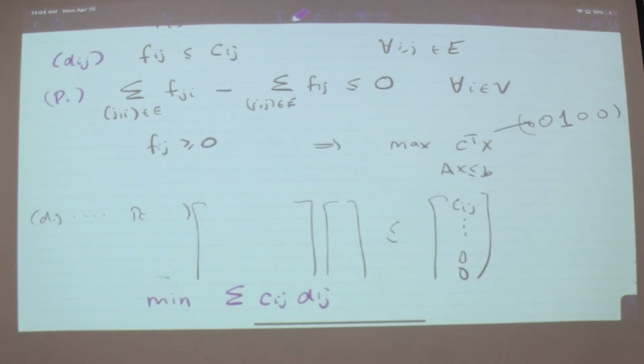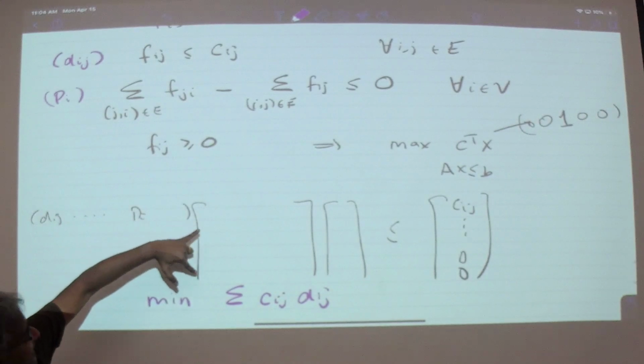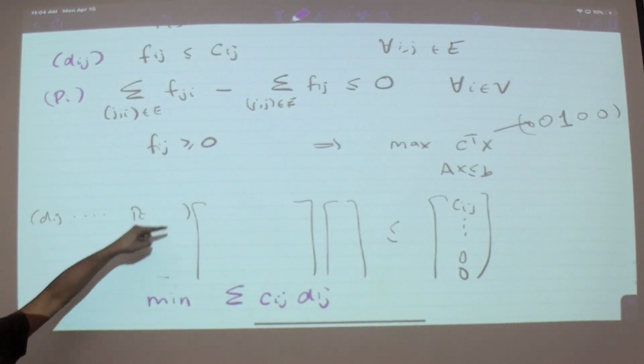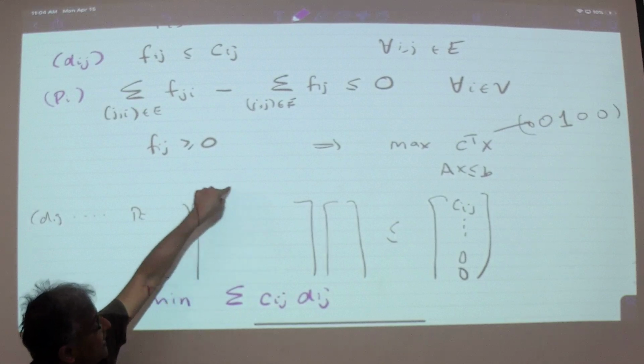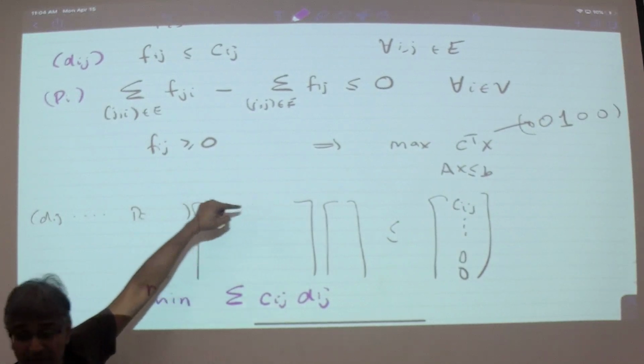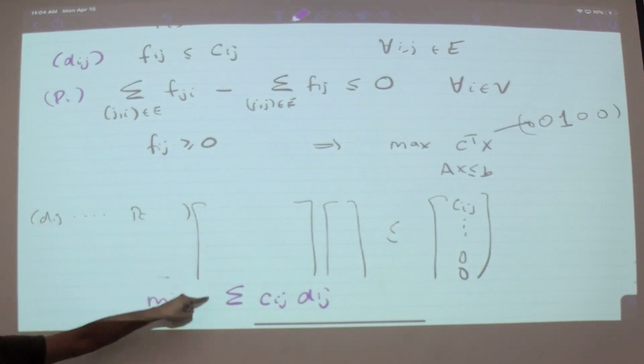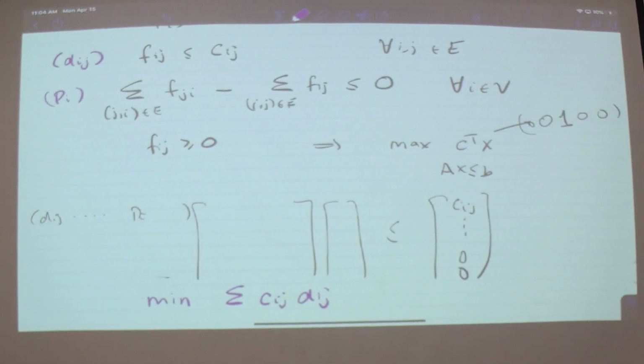What does this times this look like? Well, in this matrix the rows are the constraints, the columns are the actual edge values. So each column is one edge, which means each constraint is going to look like a constraint per edge. That should not be surprising, because in the primal there was a variable per edge. So in the dual, the constraint has to be one per edge, just like we did the other way around. Variables become constraints and constraints become variables.